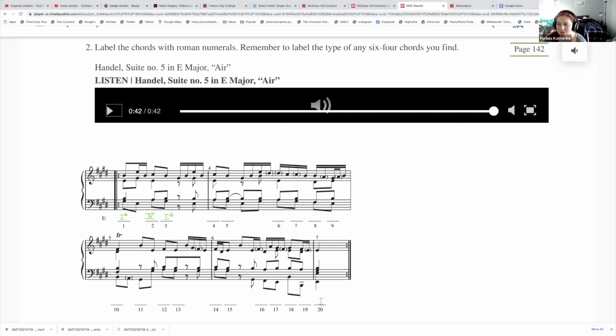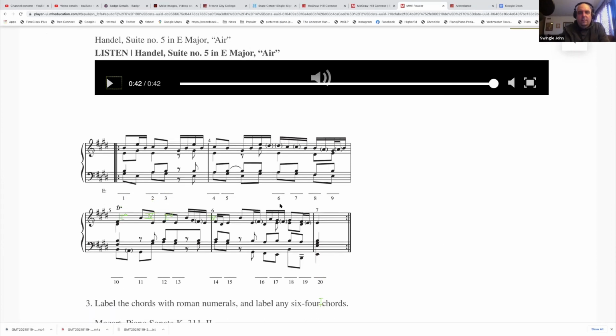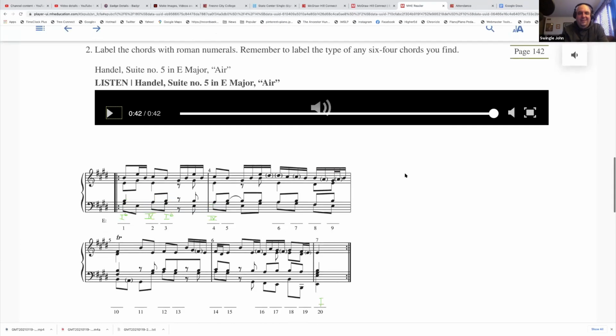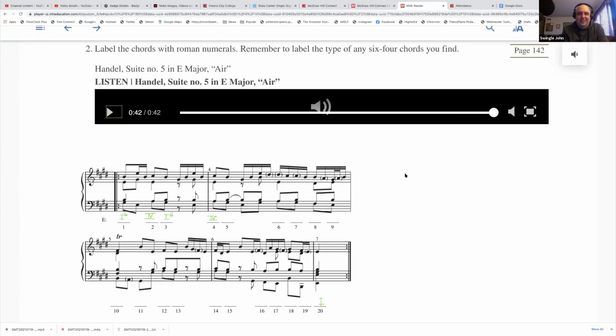Whoa, what is this? I've seen this before. 4 chord. Okay.